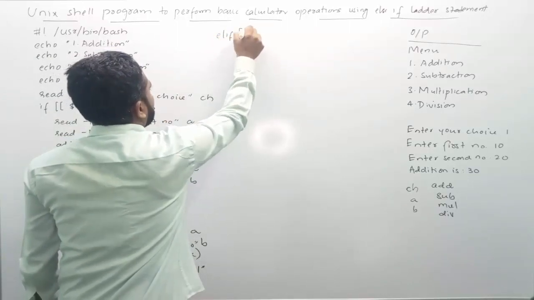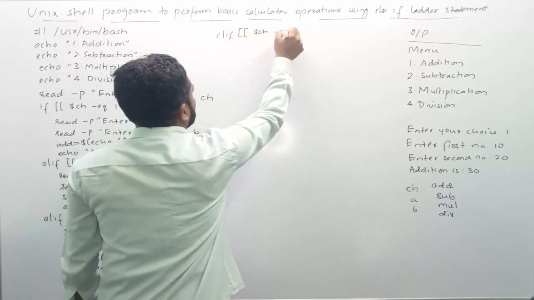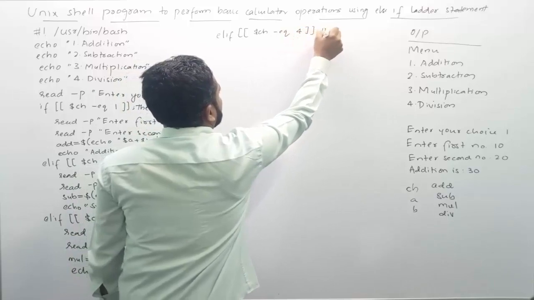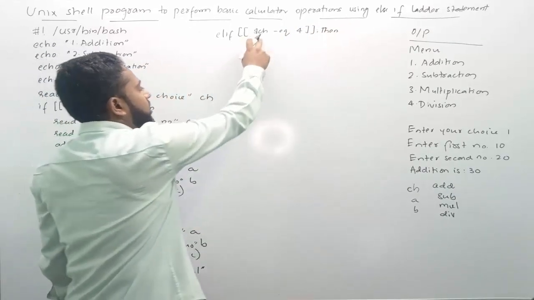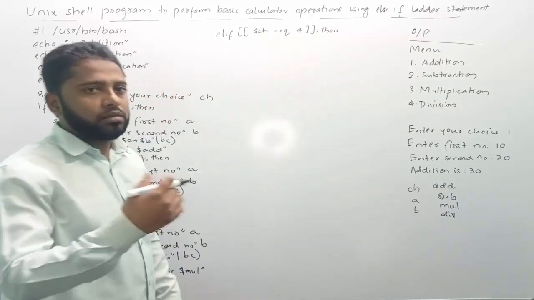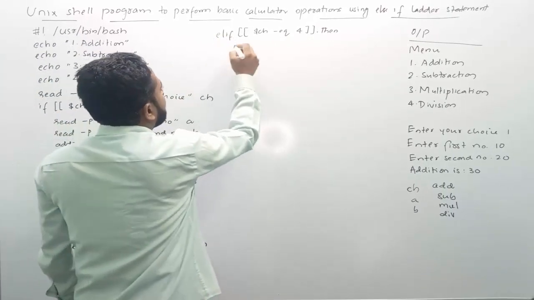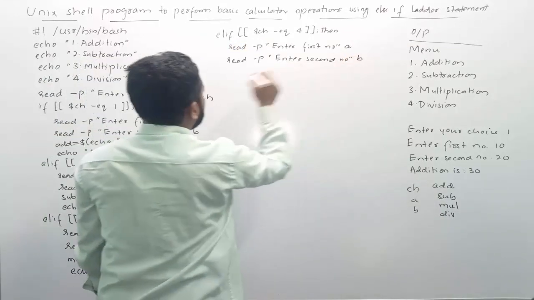elif $ch = 4, then. Now this ch holds the value 4. 4 is equal to 4. Yes, now this condition becomes true. That's why control will come inside this elif to ask to read number b.